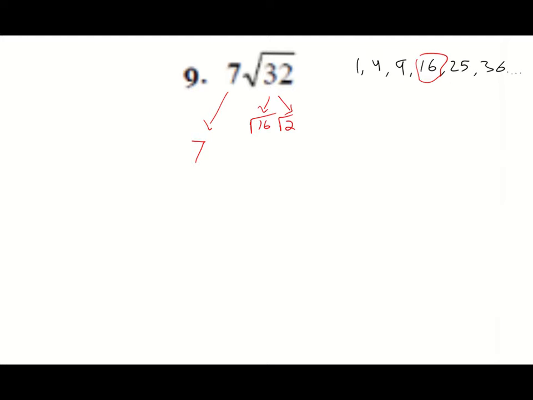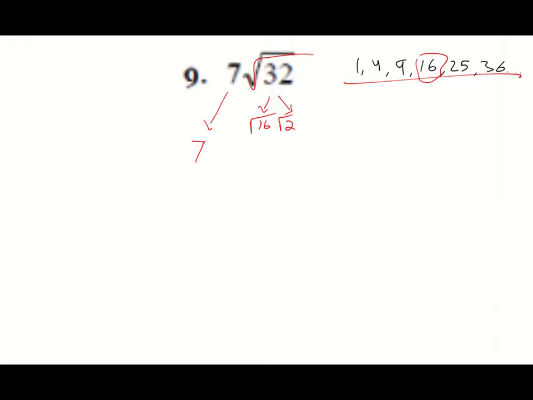Again, the whole point of all this rests on being able to recognize which of these numbers can be multiplied by something to make the number underneath the square root. And 16 works, and it's the largest one that goes into 32.